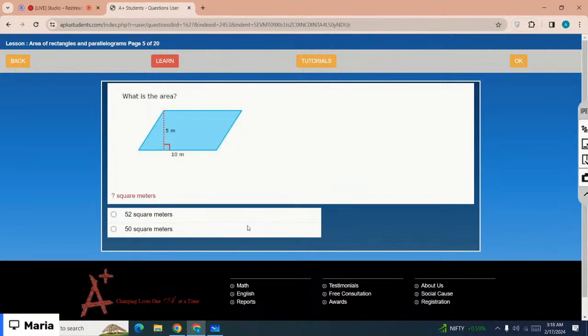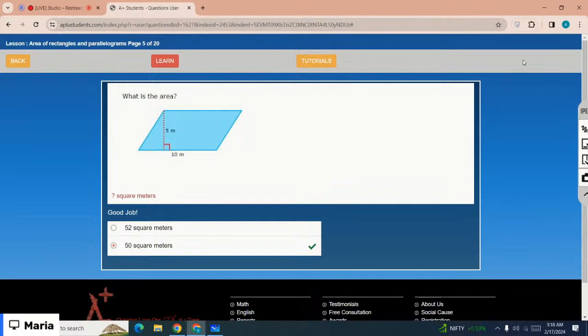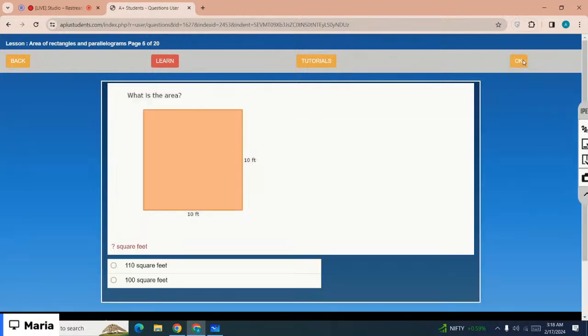The correct option is 50 square meters, right? Because you have to multiply length times width. Got it?